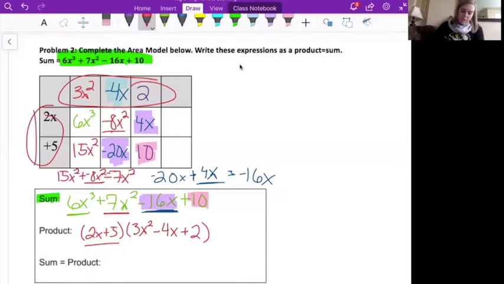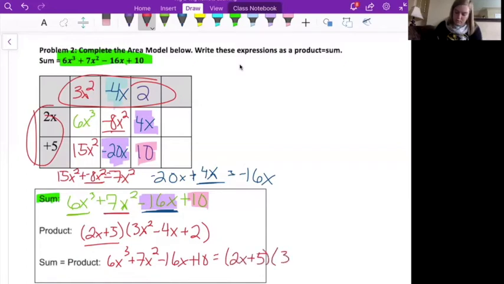And so then again, our sum plus product is going to be our sum of 6x cubed plus 7x squared minus 16x plus 10 equals 2x plus 5 times 3x squared minus 4x plus 2.